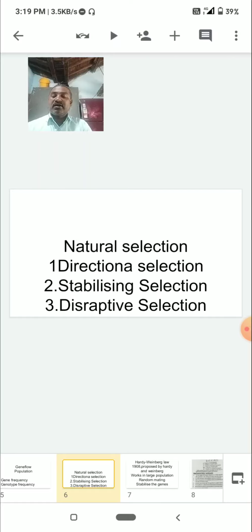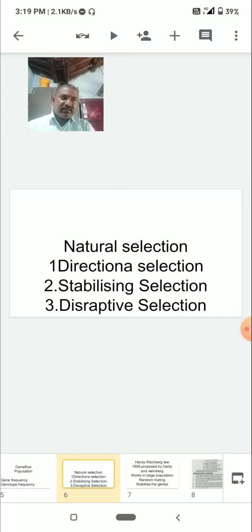So, this is about disruptive selection, and here we have to remember it. Two types of selection are there in nature: K selection and R selection. Selection in a population at or near the carrying capacity of a habitat is K selection.